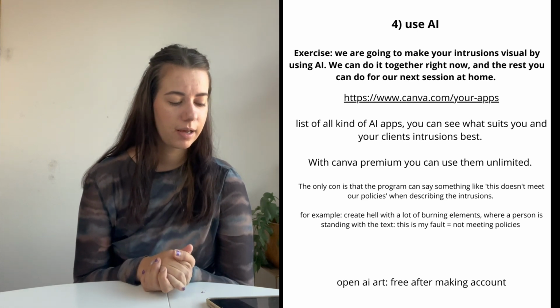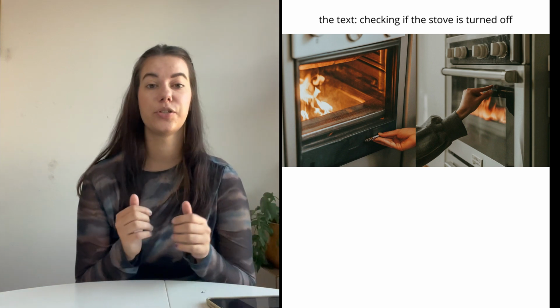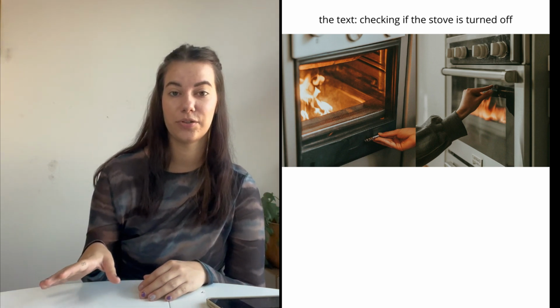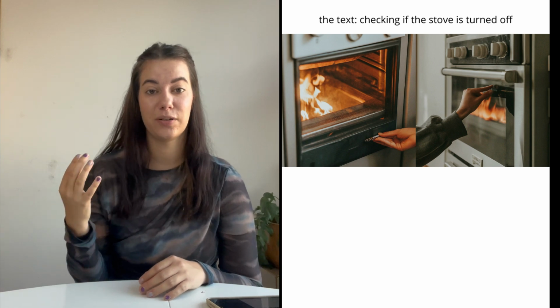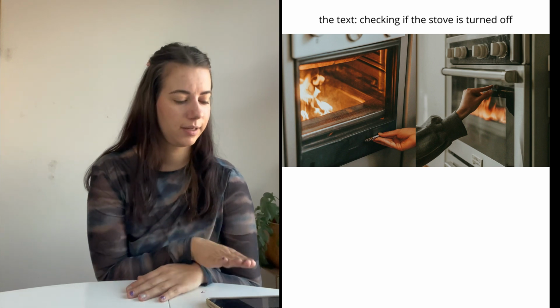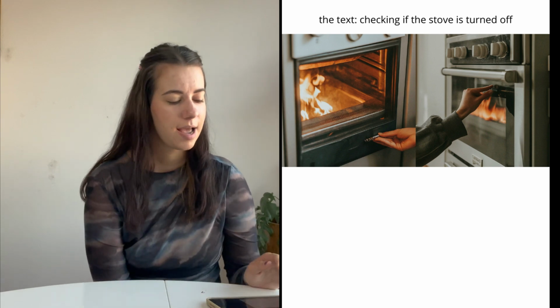But some of them work. So this is, for example, if clients check if the stove is turned off and they see these vivid images of the stove setting fire, it looks like this. So that can already come quite close, right?